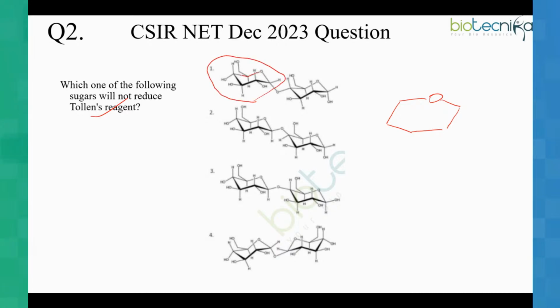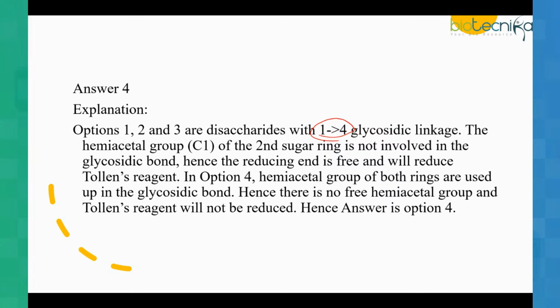Anyways, this also has these four, five corners and this one oxygen, so these are hexose sugars only. And from here we know the anomeric carbon is there, which will be connected with the next carbohydrate. It's just that the plane is a little different here. So options 1, 2, and 3 are disaccharides with 1,4 glycosidic linkage.